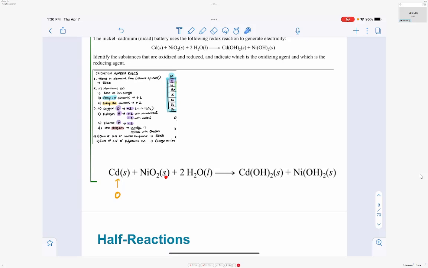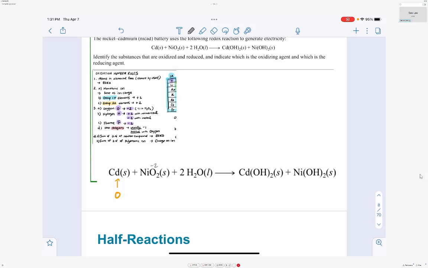For nickel dioxide, this is a neutral compound. So we know that the sum of the oxidation numbers of these two atoms has to be 0. The only thing that we know for sure is the oxidation number of oxygen, which is -2. We can easily find the oxidation number of nickel using that.